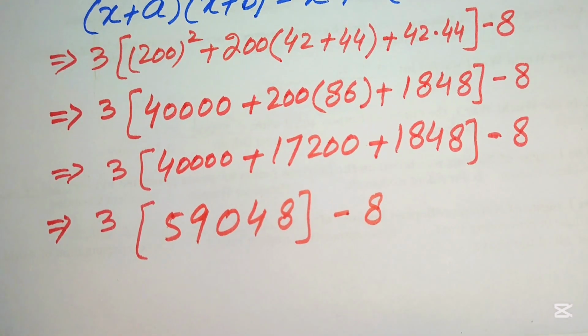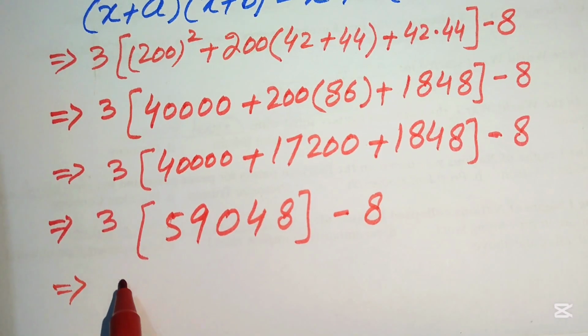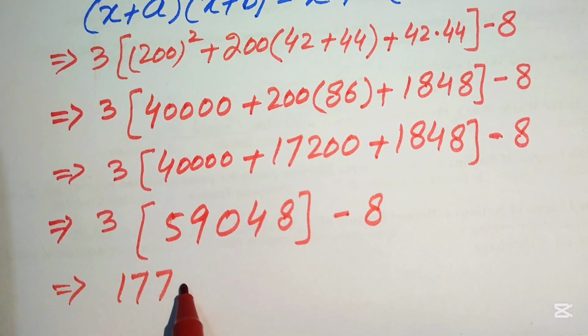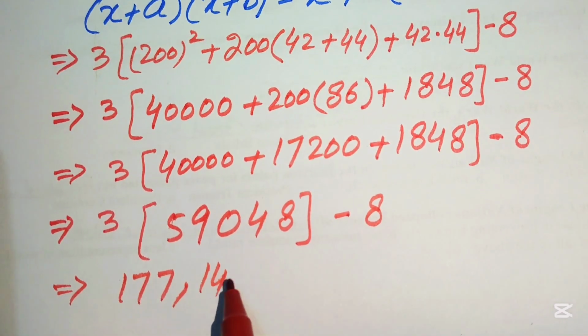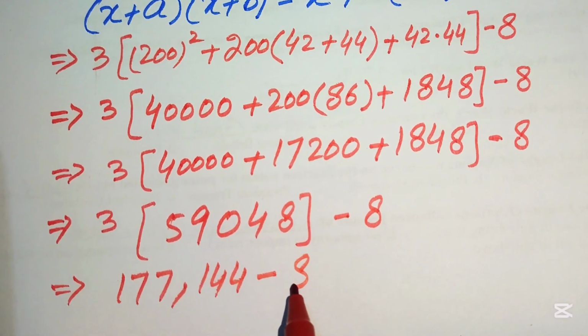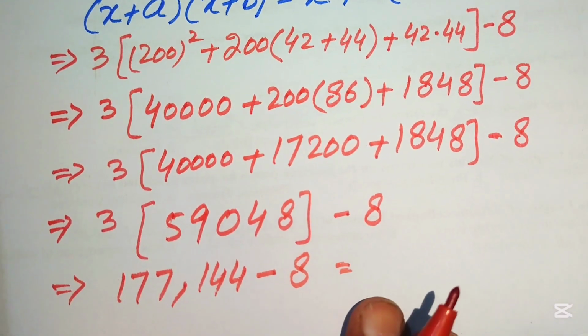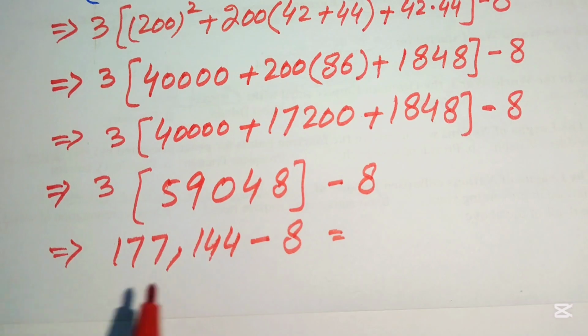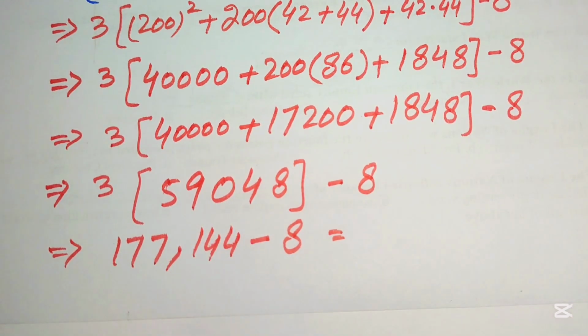So after this step here we need to multiply this number by 3, so that when you multiply this number by 3, then it will be written as 177,144 minus 8.